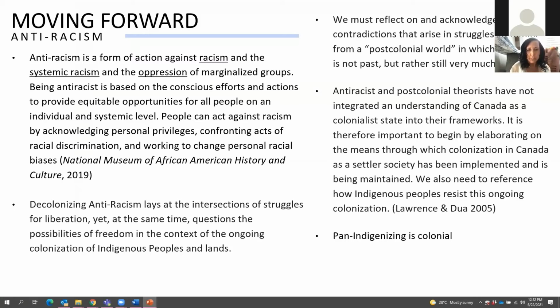This includes talking about Indigenous peoples and their lands and acknowledging the need to reclaim their lands and reflecting and acknowledging the contradictions that arise in struggles stemming from a post-colonial world. Colonization continues on. It is not something in the past. And pan-indigenizing is indeed colonial. If you want to flip the slide.